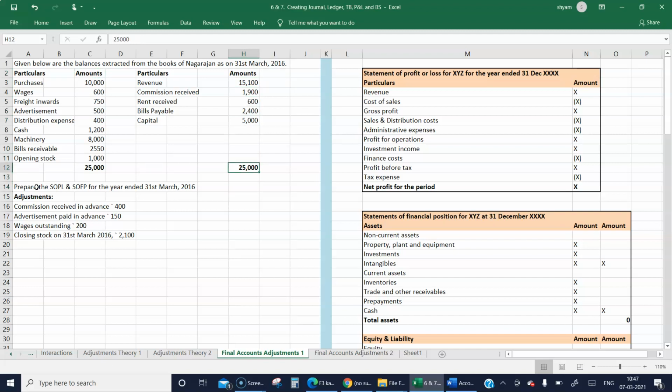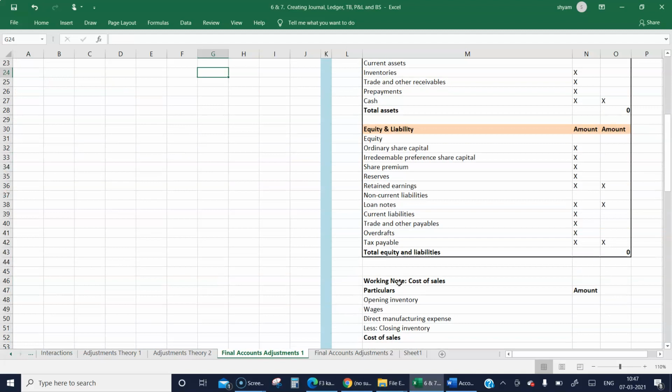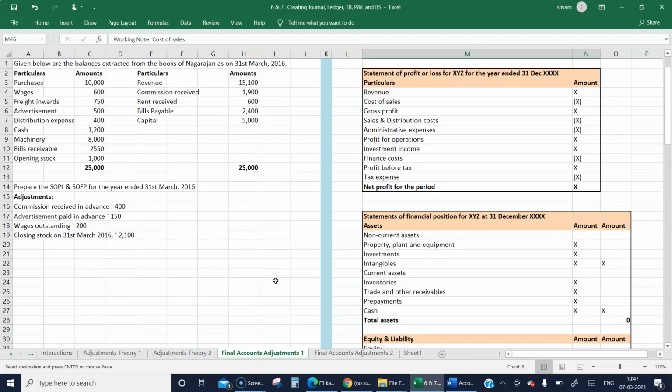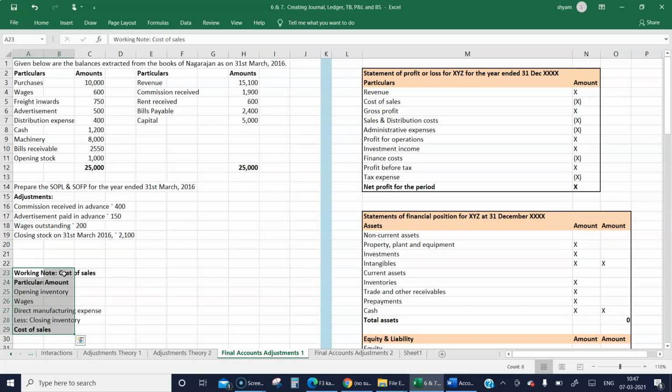So we'll start from the purchases. So purchases has to go to the cost of sales. Okay. So we have already worked out the cost of sales working notes here. So we'll bring them here. So purchases, I think we'll put it in this place.